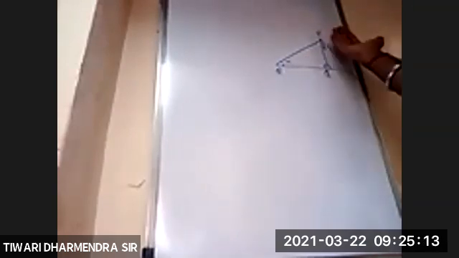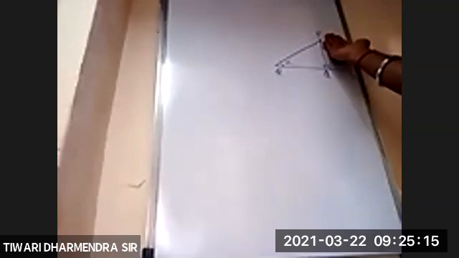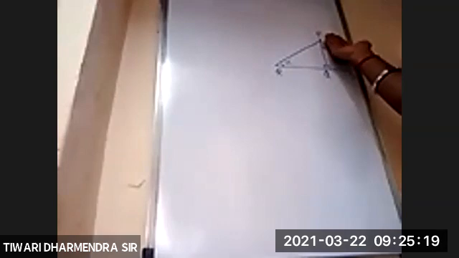Yes, if we consider the whole triangle, then opposite to alpha is PS. But when we are considering only the right angle triangle PQR, a part of the whole triangle, then we have to concentrate on that triangle only. So let's move to this problem.